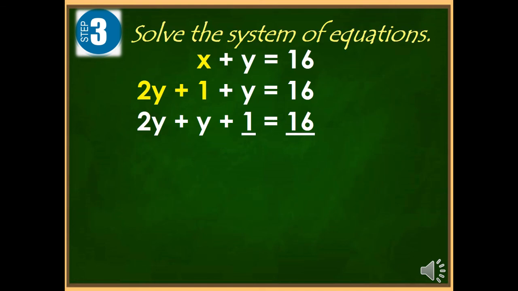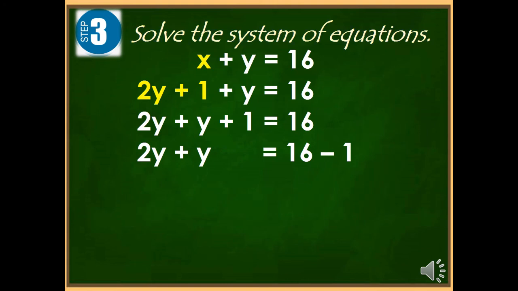Next, combine all the constant terms. Our constants here are 1 and 16. Therefore, transpose 1 to the right side of the equality sign. The equation becomes 2y plus y equals 16 minus 1.